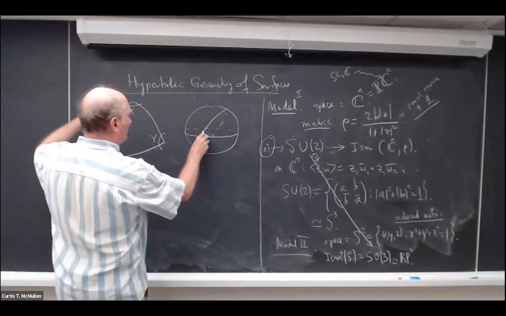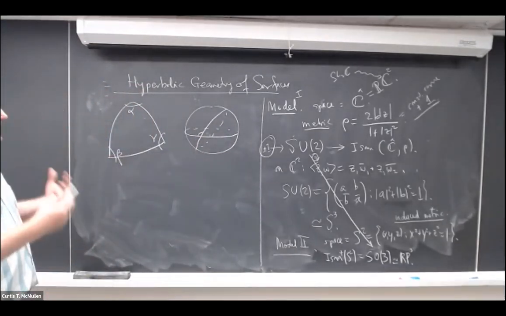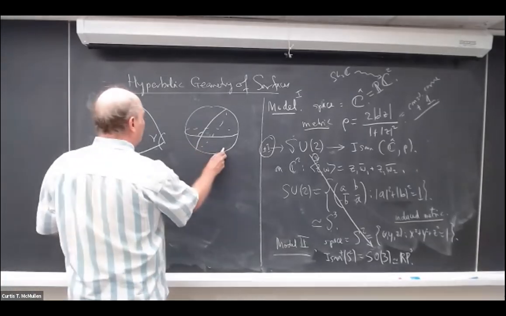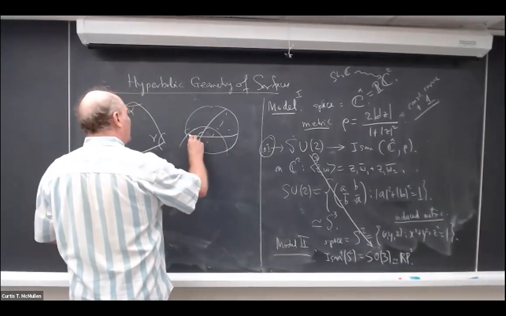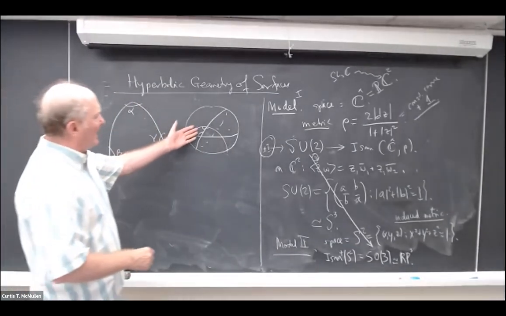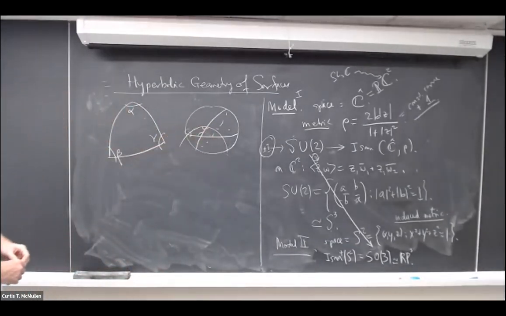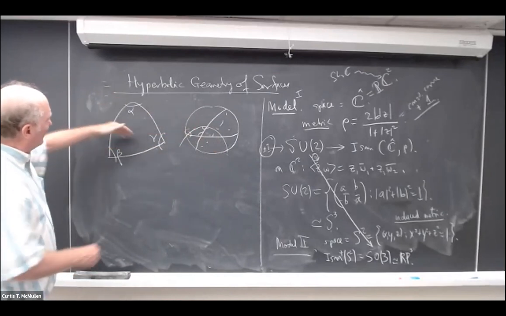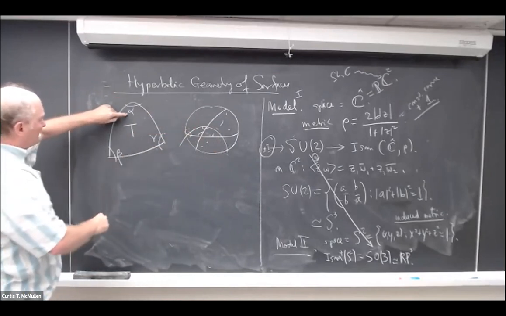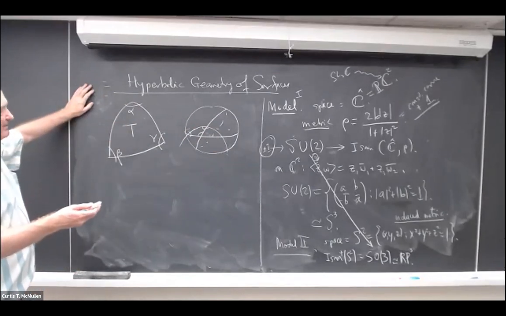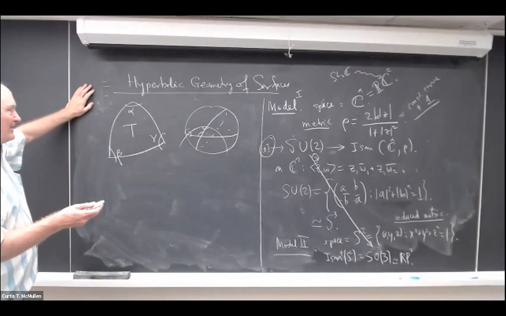And as usual, when you have two great circles, they have to intersect. And when they intersect, they have an angle. And if you take three great circles, then they typically bound a triangle. In fact, they bound two triangles, one of which is antipodal to the other. And as you can kind of intuit just by looking at the diagram, the angles of this triangle have a sum which is not pi as it would be in flat space, but which is greater than pi.